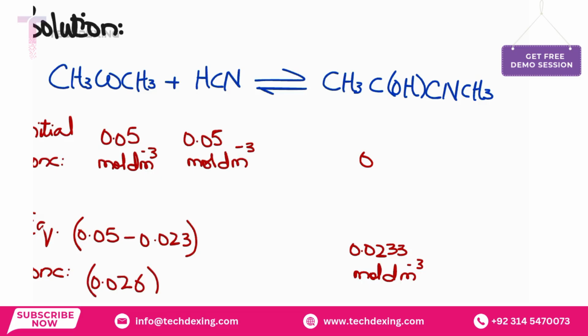The concentration of the second reactant would also be the same, because the number of moles, or the concentration, of the reactant that was used is the same. So the other one would also be 0.0267.